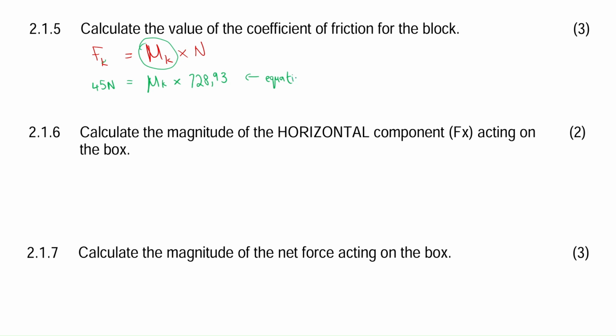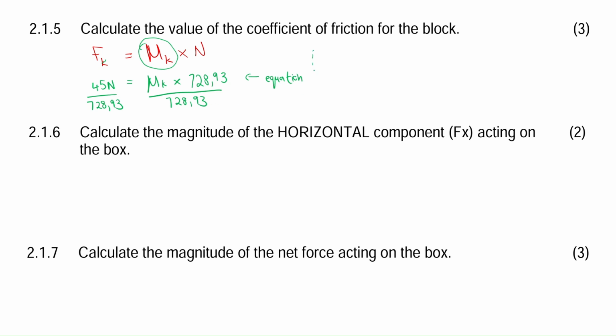Now what we have formed is something known as an equation. For those of you guys that have done grade 8 math, we have an equation. And when we have an equation and we have the subject of the formula, we're going to want to solve for that. So to solve that, we're going to divide by 728.93. And what we do to one side of an equation, we repeat on the other side as well.